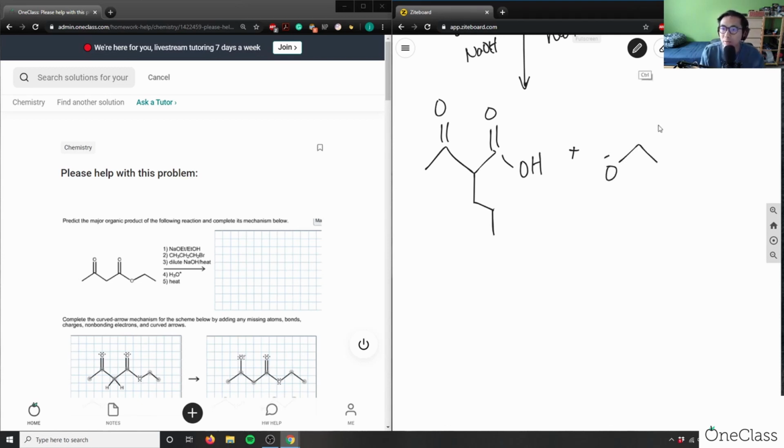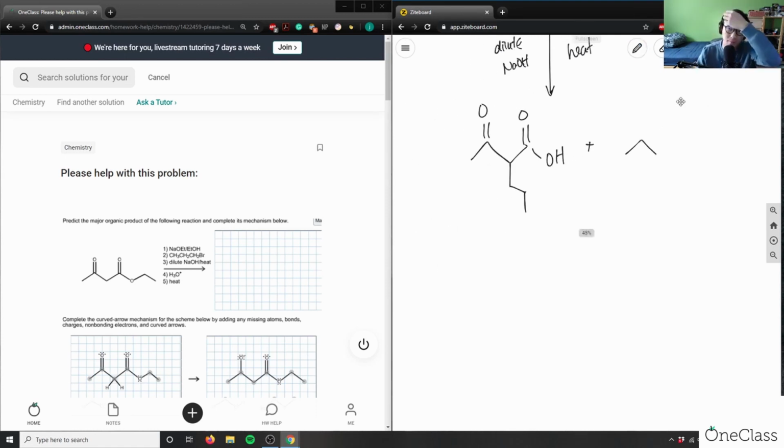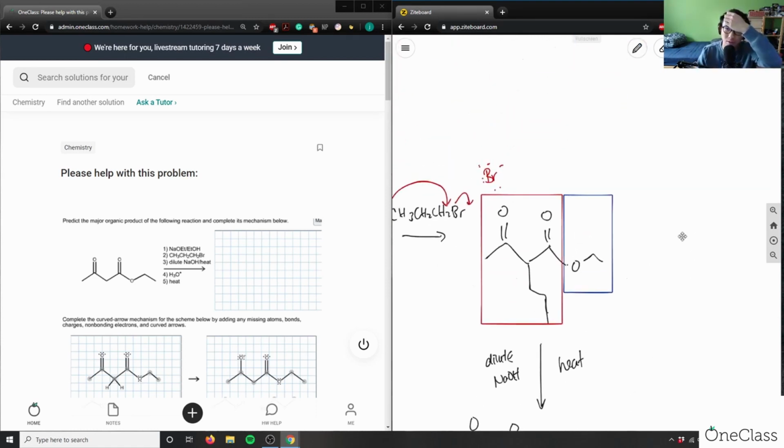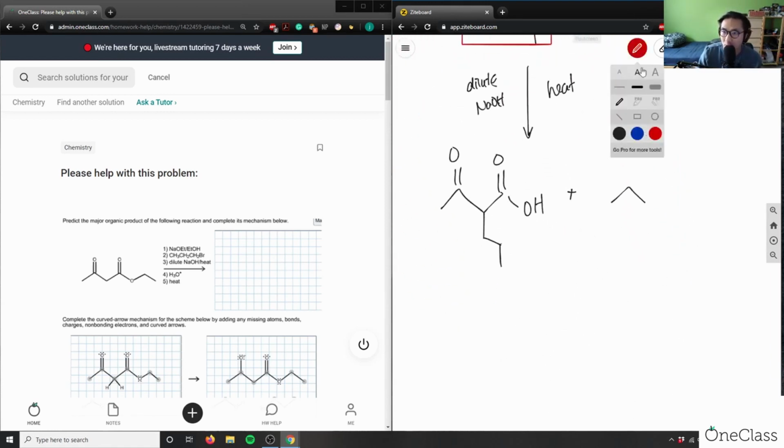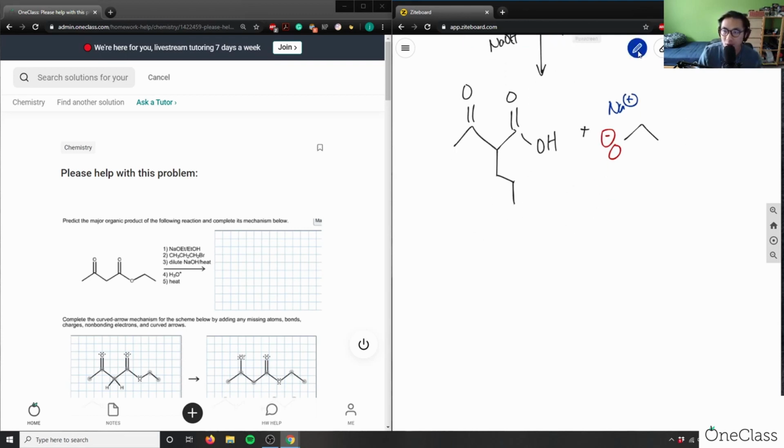Let me do that in red, since red is negative. This is a negative oxygen, and it's stabilized by the sodium ion. So we have the carboxylic acid and our alcohol, but it's not an alcohol without the hydroxyl group, obviously. So we need the acid workup, which is number 4.